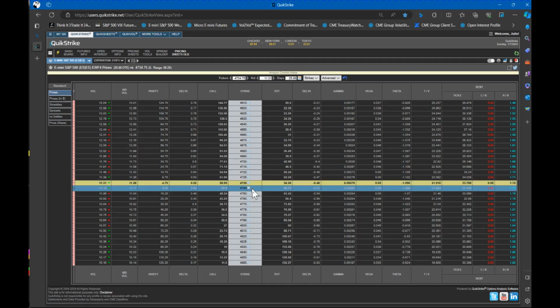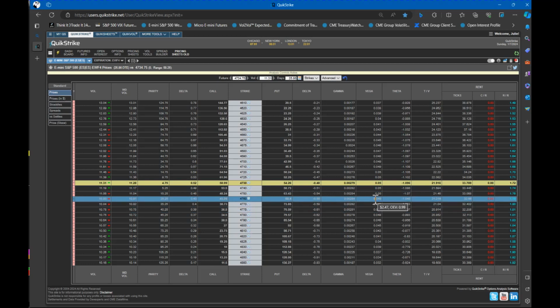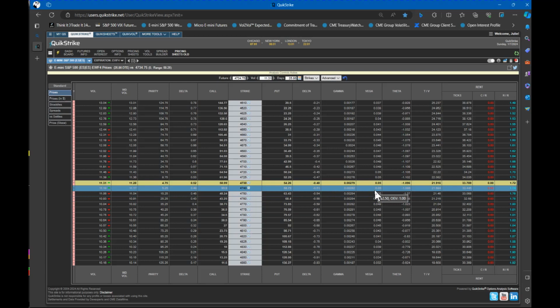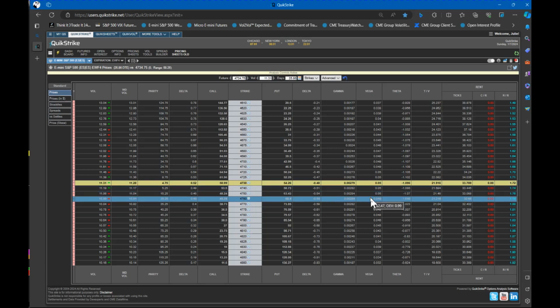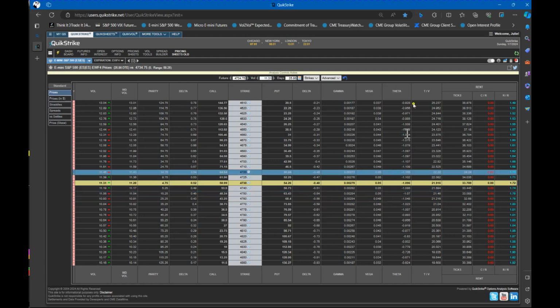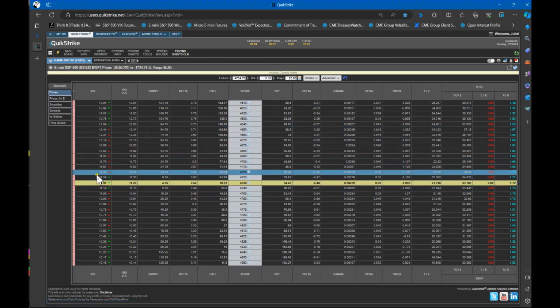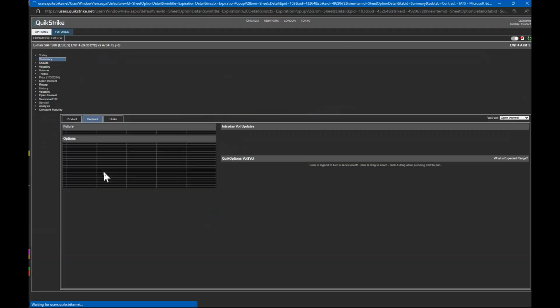So 47.30 is the mean. And we can see here the gamma, the high gamma is at, here's 284, 47.80 to 47.60 to 47.50. So you can mark your charts using this, and then you want to see where the high volume is for the end of the month, where those high volume puts and calls.